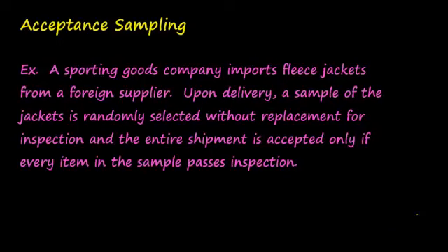A sporting goods company imports fleece jackets from a foreign supplier. Upon delivery, a sample of the jackets is randomly selected without replacement. We're seeing some key words here, without replacement, for inspection, and the entire shipment is accepted only if every item in the sample passes inspection.